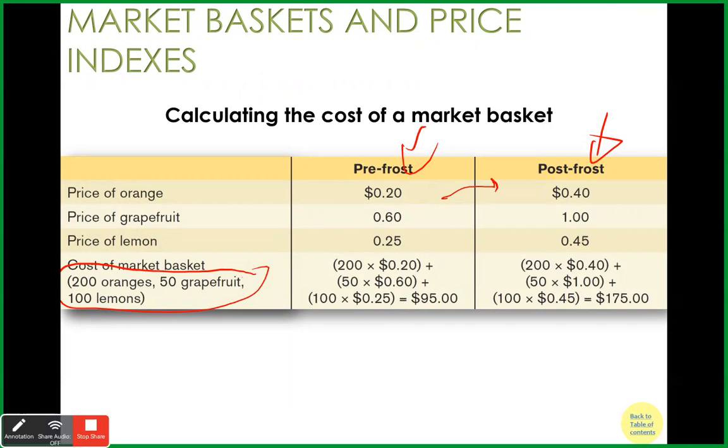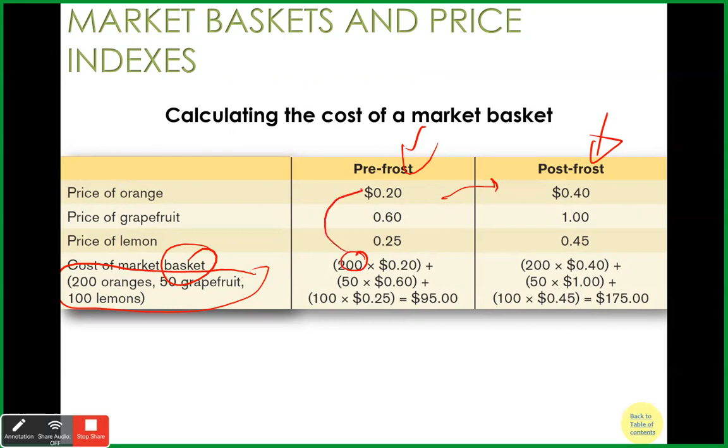Now what we care about here is not frost. What we care about is how these things change the aggregate price. What are we going to do? We keep track of the cost of the basket. This is the basket. The cost of this basket is 200 times this.